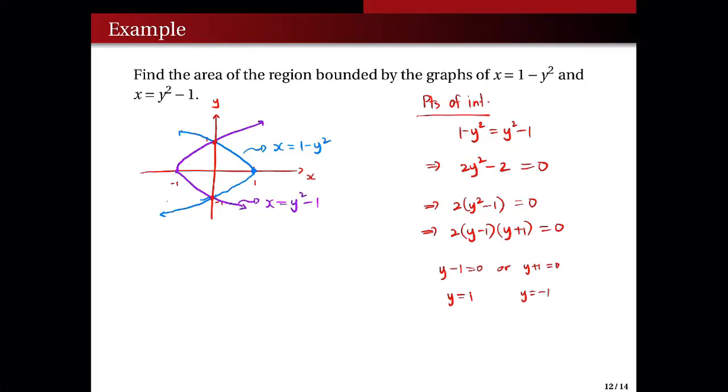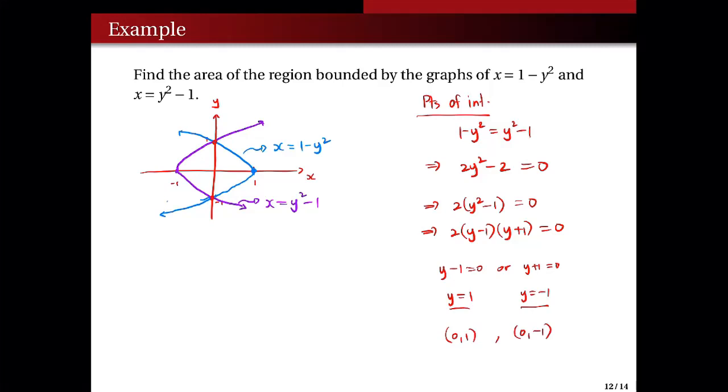So those are those 2 points. The y values are negative 1 and positive 1. So the x coordinates are just 0. So 0, comma 1, 0, comma negative 1.